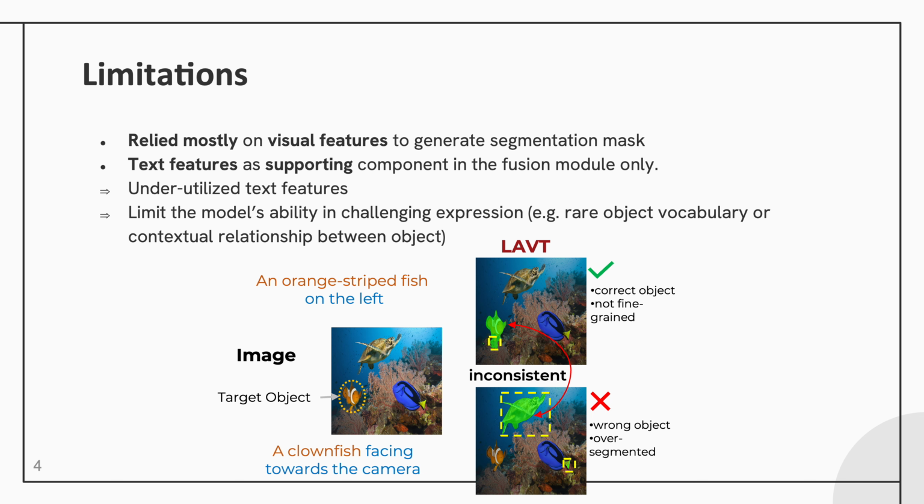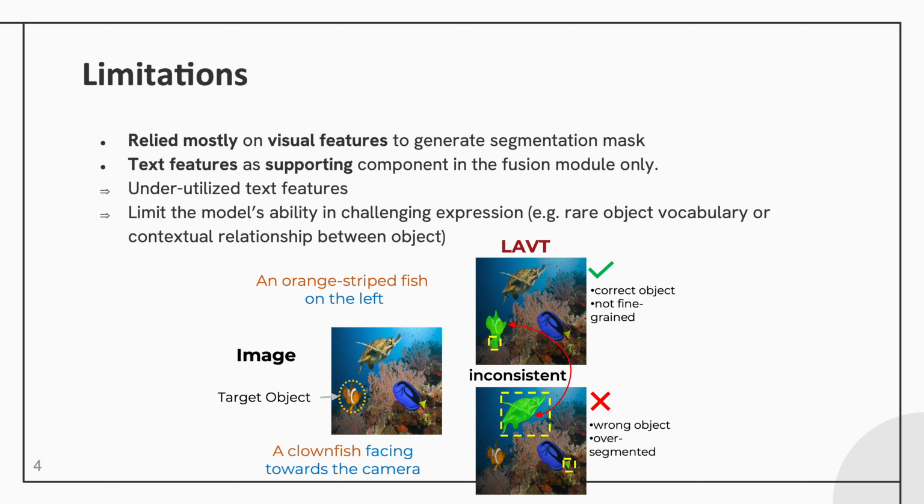Let's look at an example using the LAVT model, a state-of-the-art approach in this field. When given the expression "an orange striped fish on the left," LAVT correctly identifies the object. However, regarding a more complex expression, "a clownfish facing towards the camera," LAVT incorrectly segments the wrong object and oversegments the image.